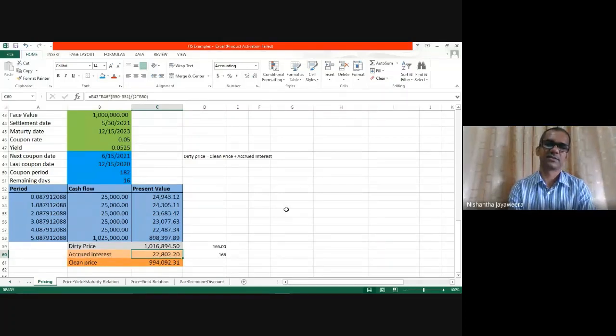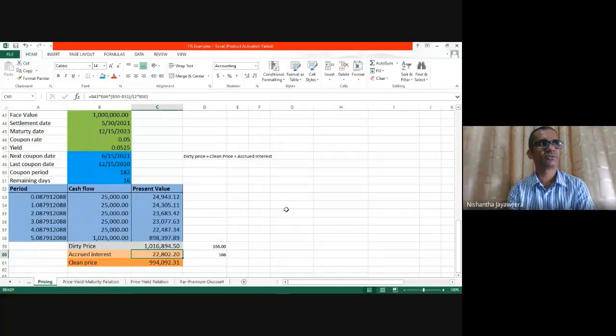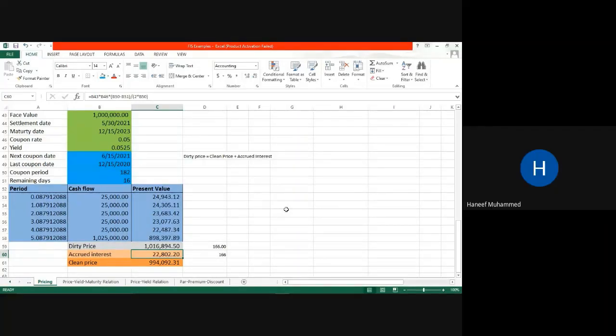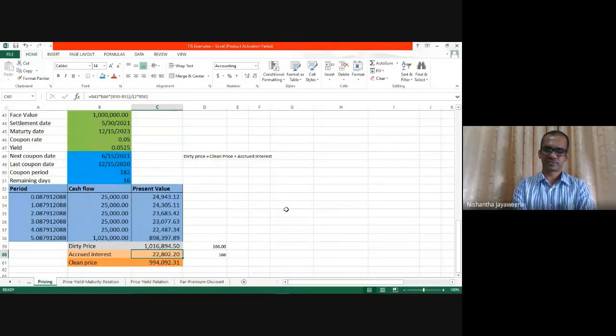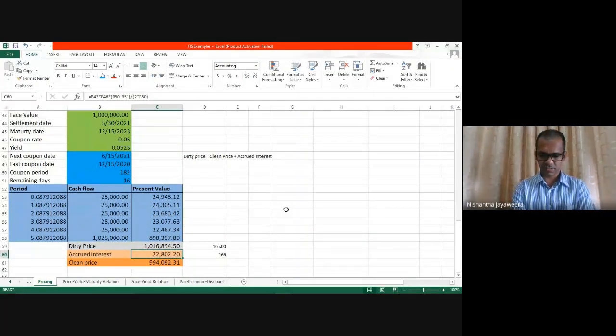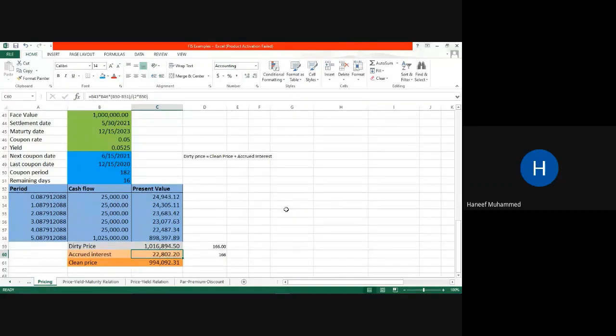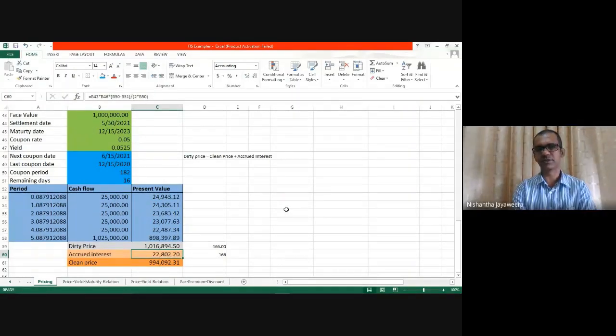Yes. But there's not that much difference between actual 365 and actual actual. Normally, bonds are always actual by actual, is that so? Yes. I mean, even if we use actual or actual 365, there'll be a slight difference when it comes to a leap year. Yes, that's the only thing.